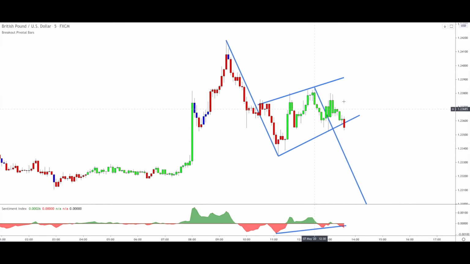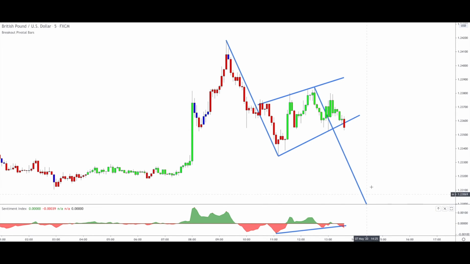So of course we have a setup because we have a breakdown with the red candle, and also we have a breakdown of the sentiment index. The bearish sentiment index was actually trending up, but now it broke down.